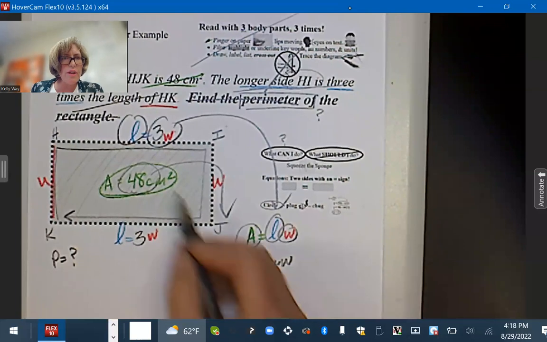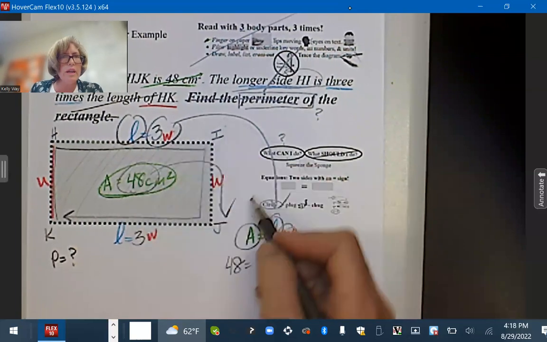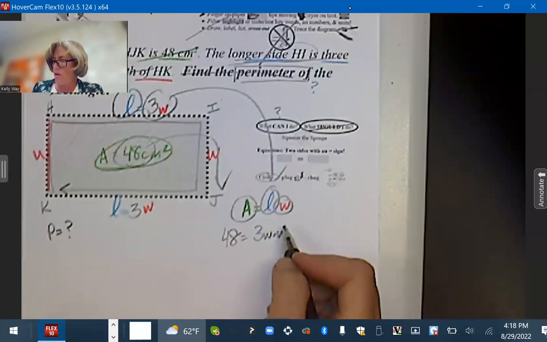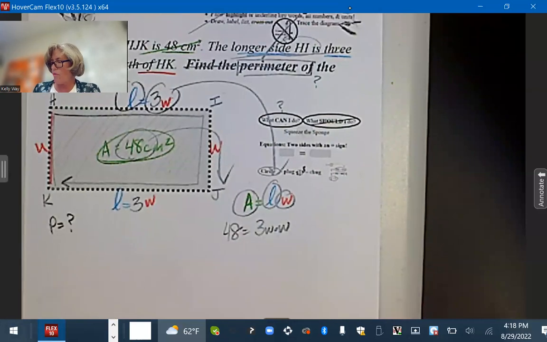I circled everything and I plugged it in. By circling, you keep your eyeballs without making mistakes. Now come down here. Now we're going to solve.